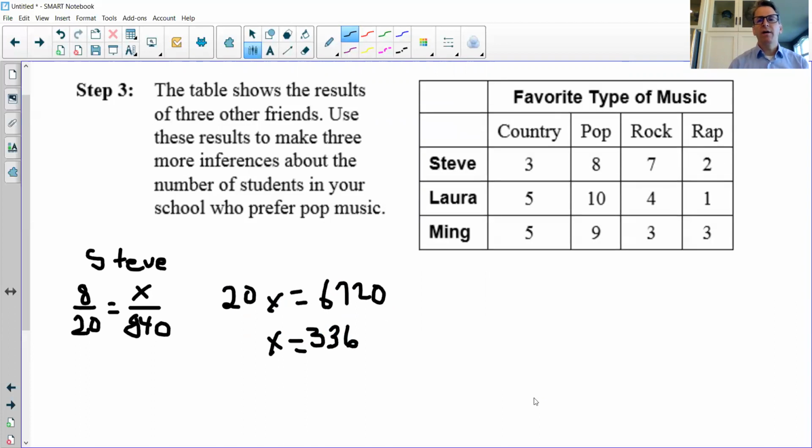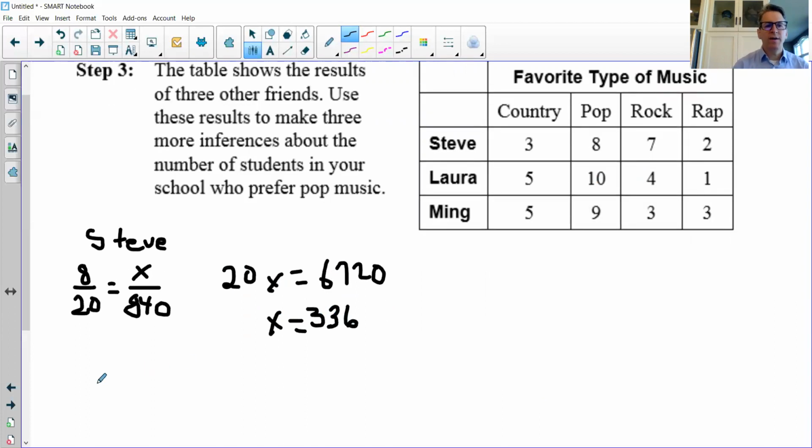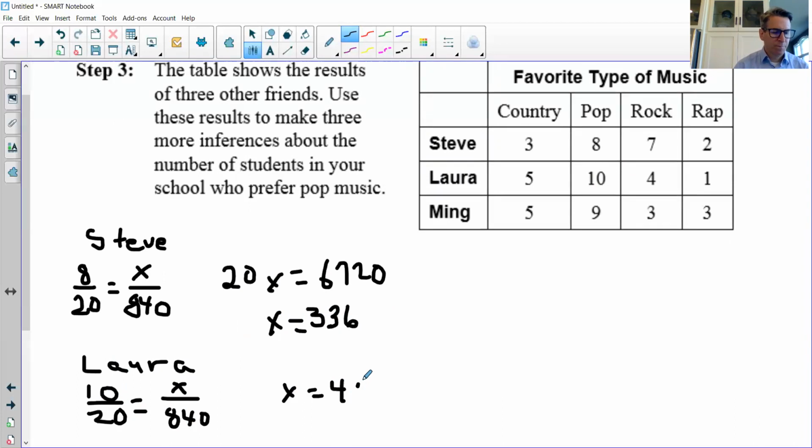Now, look at Laura. Laura has 10 out of 20 surveyed who like pop, so basically half. So X out of 840, that again is equal to X is equal to 420. Now, lastly, Ming.